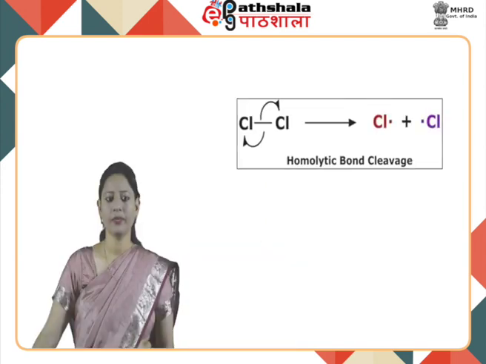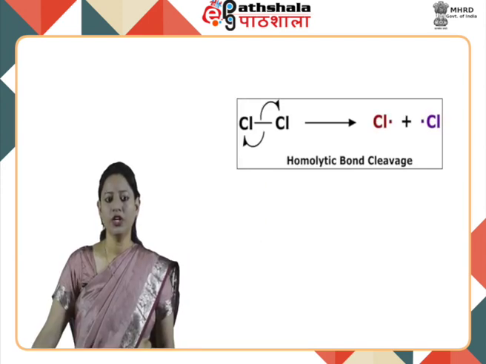Next, let us see the generation of free radicals. Now, we will study how free radicals are generated. A free radical is formed during a homolytic bond cleavage, such that each generated fragment has one electron with it.